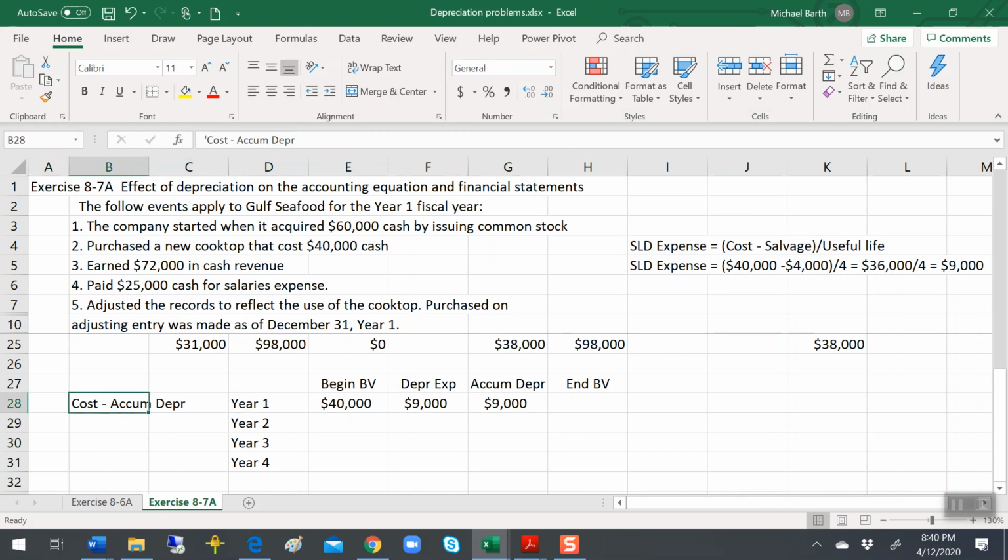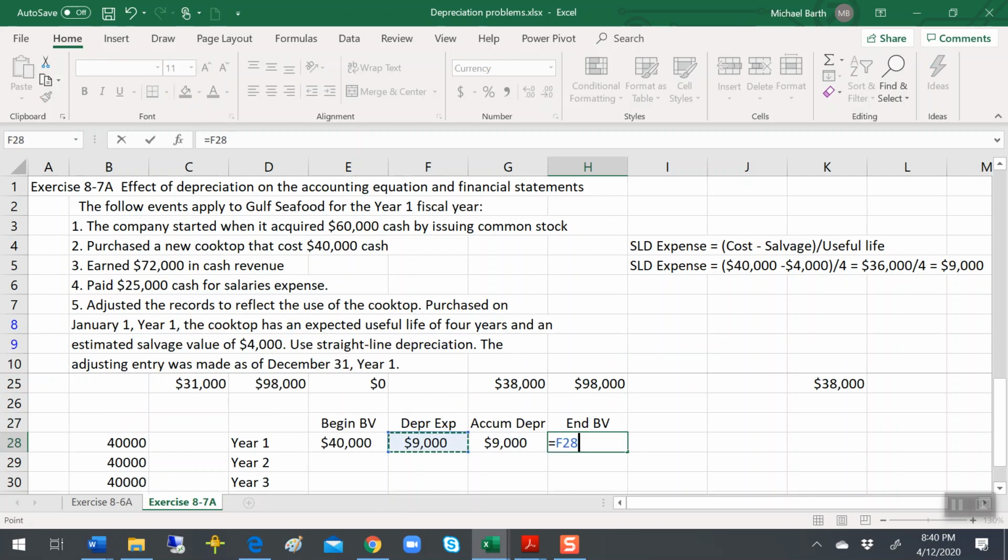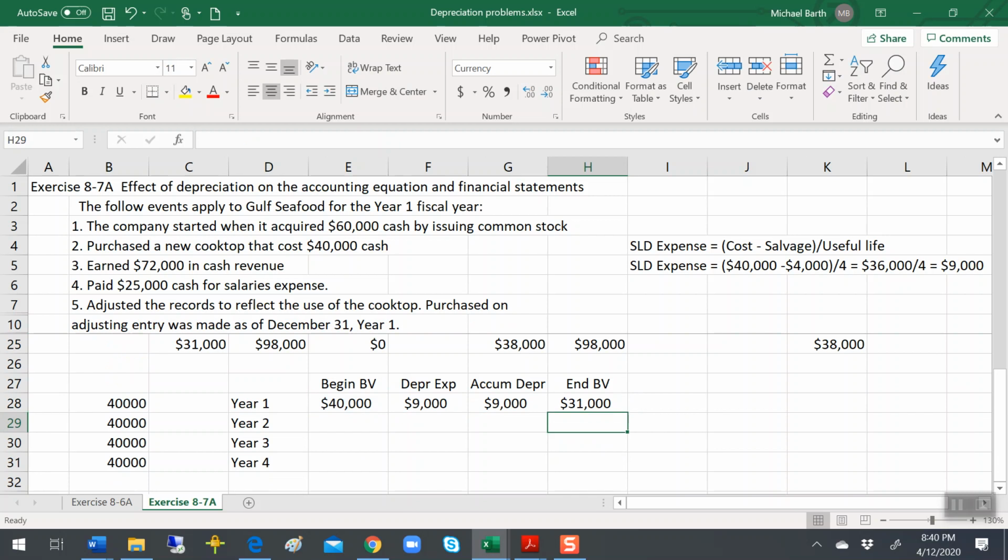My cost over here, it costs $40,000 no matter what. So the ending book value would be whatever I started the book value with minus depreciation expense for the year.